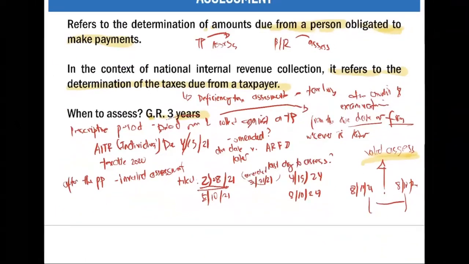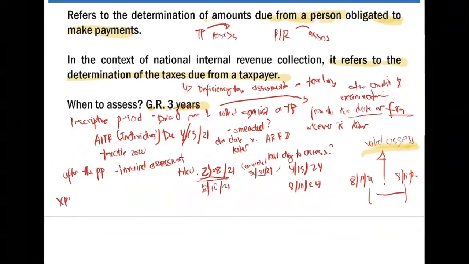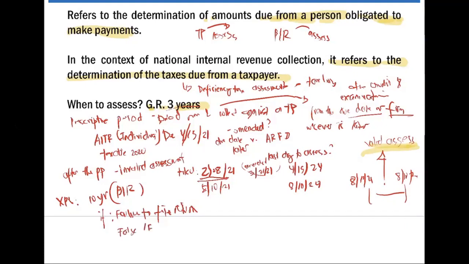So as a rule, it is 3 years. What is the exception to the rule? The exception to the rule is that the BIR can assess up to 10 years if there is a failure to file the return or there is a false or fraudulent return.